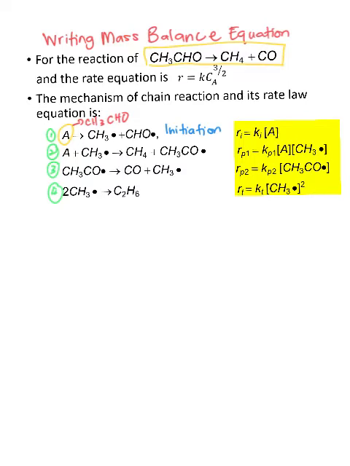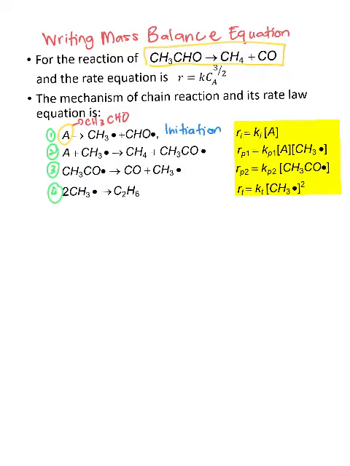Okay, and then in the second step, reactant A will react with the radical species to produce CH4. From the stoichiometric equation, CH4 is the main product. So the step that produces the main product and also the side product, based on the stoichiometric equation, we call a propagation step.